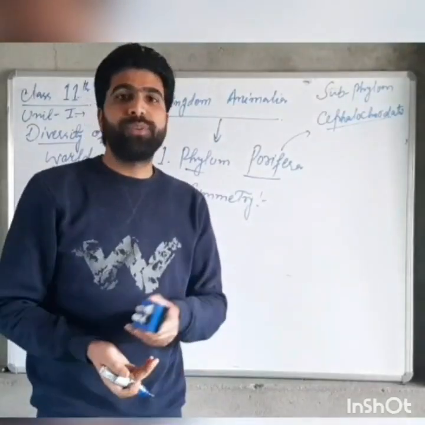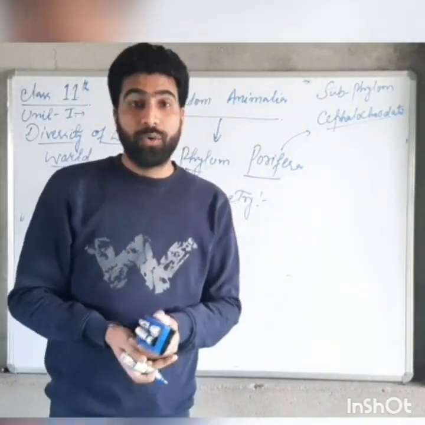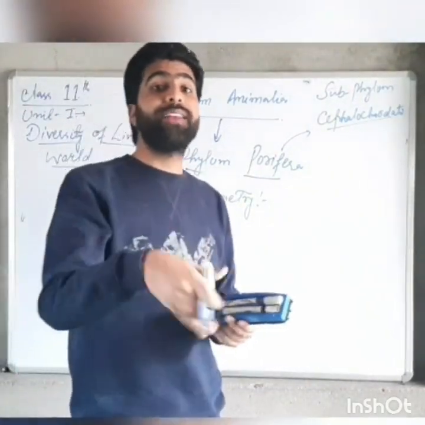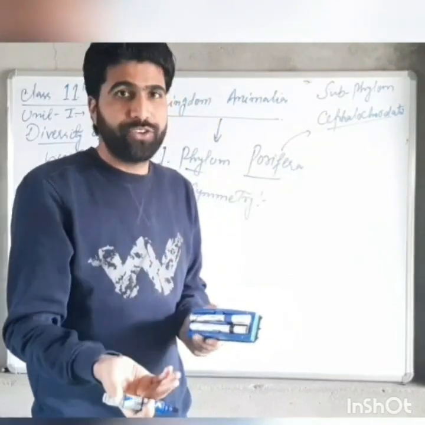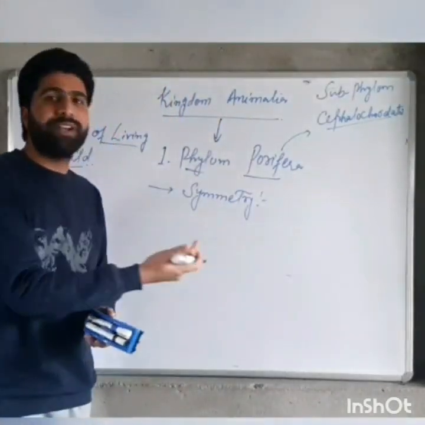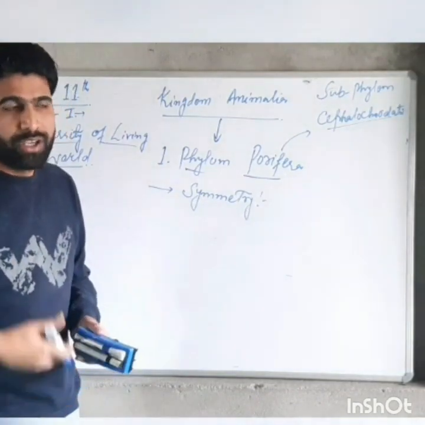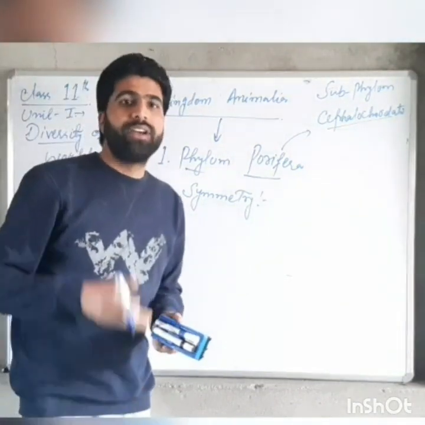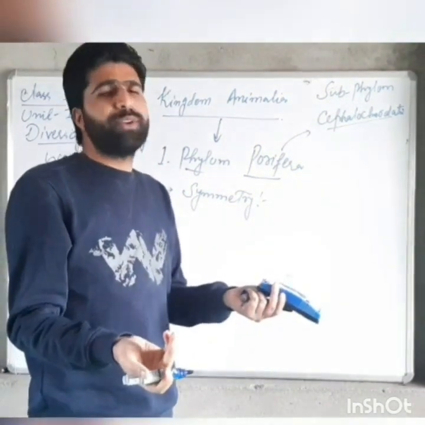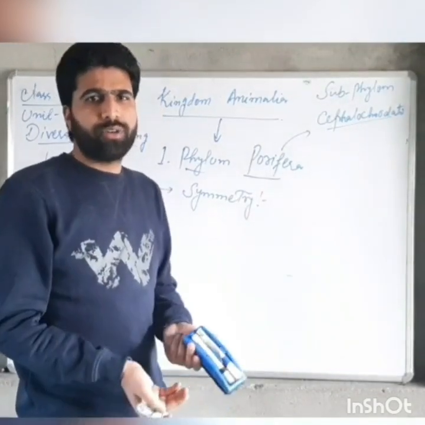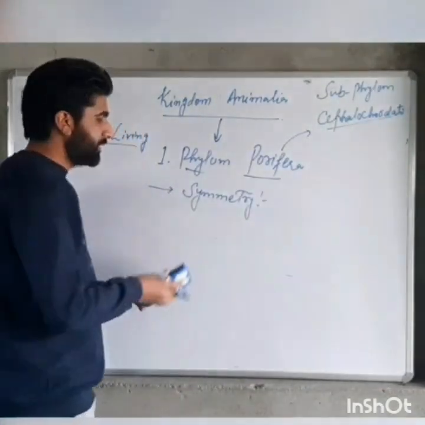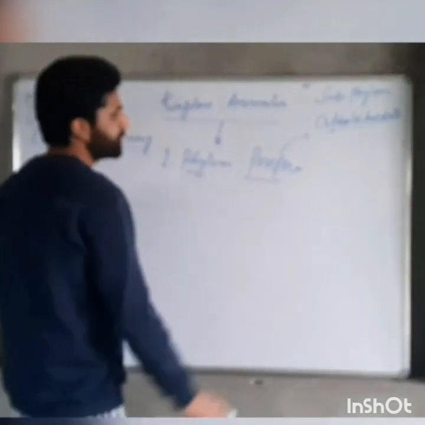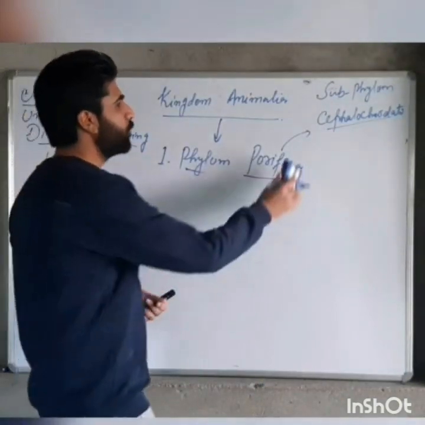Similarly, we have a number of symmetries: radial symmetry, biradial symmetry, bilateral symmetry, spherical symmetry. Many organisms have different types of symmetries. They can be bilateral, biradial, radial, spherical, or they may not show symmetry at all, in which case they are called asymmetrical organisms. So this is another term, symmetry. We will move on to a number of terms at the end, but let's go for the first phylum.